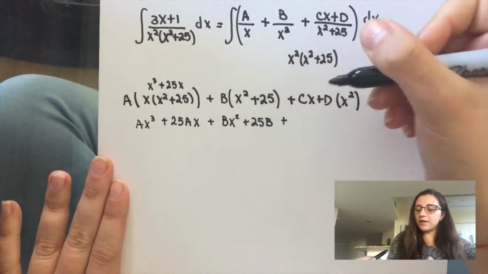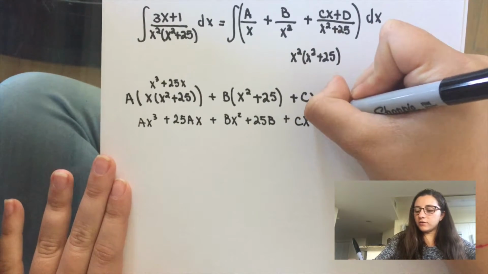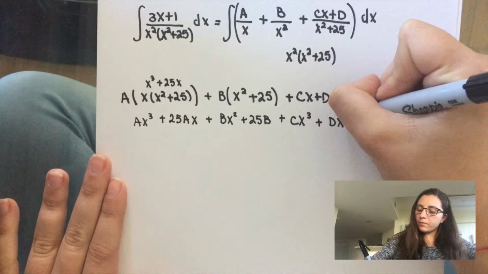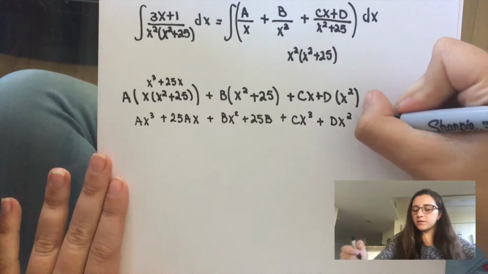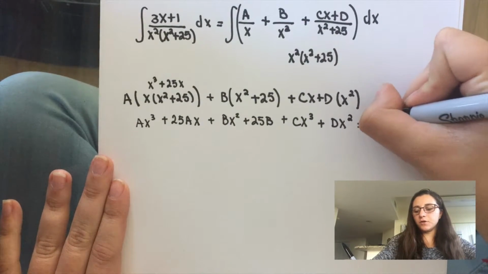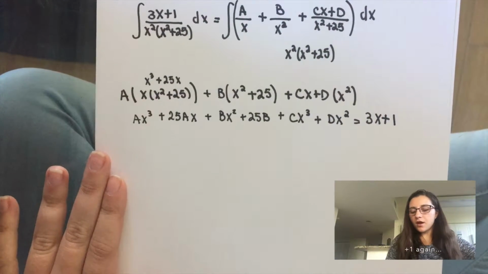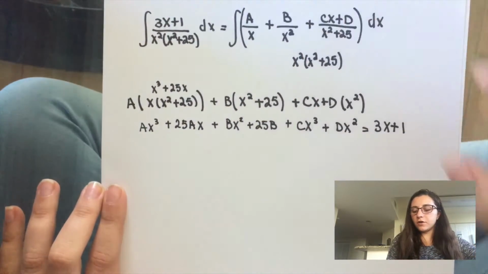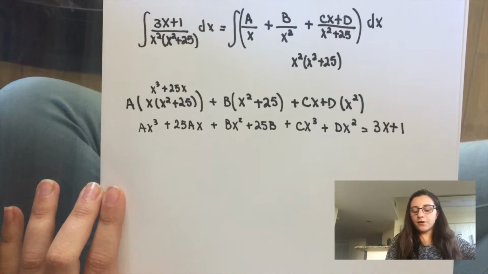And then for Cx plus D, we FOIL the x squared, and it's going to be Cx to the third power plus Dx squared. And we're going to set all of this equal to the numerator in our original function, which is 3x minus 1. Alright, so now we have to set our coefficients equal to the coefficients on the original numerator.